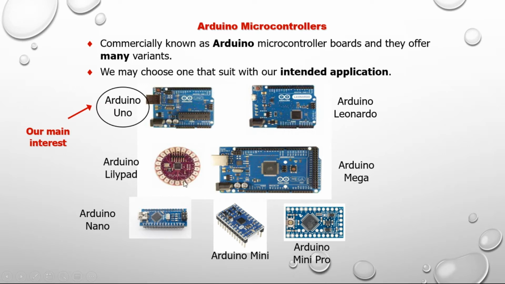They also have Arduino LilyPad, which is a compact and small rounded board. Then there is Arduino Nano, the smallest Arduino, but it has some limitation on the analog input port. And they also have Arduino Mini and Arduino Mini Pro. In our class, we are going to concentrate on this Arduino Uno.